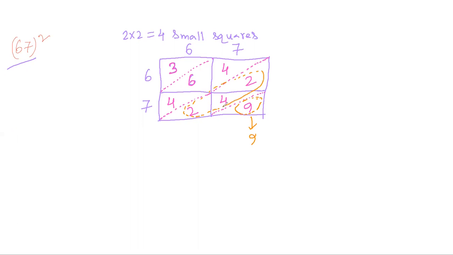Along this the numbers are 2, 4 and 2. If you add these numbers, 2 plus 4, 6, 6 plus 4, 8. So that 8 I will write in this place.